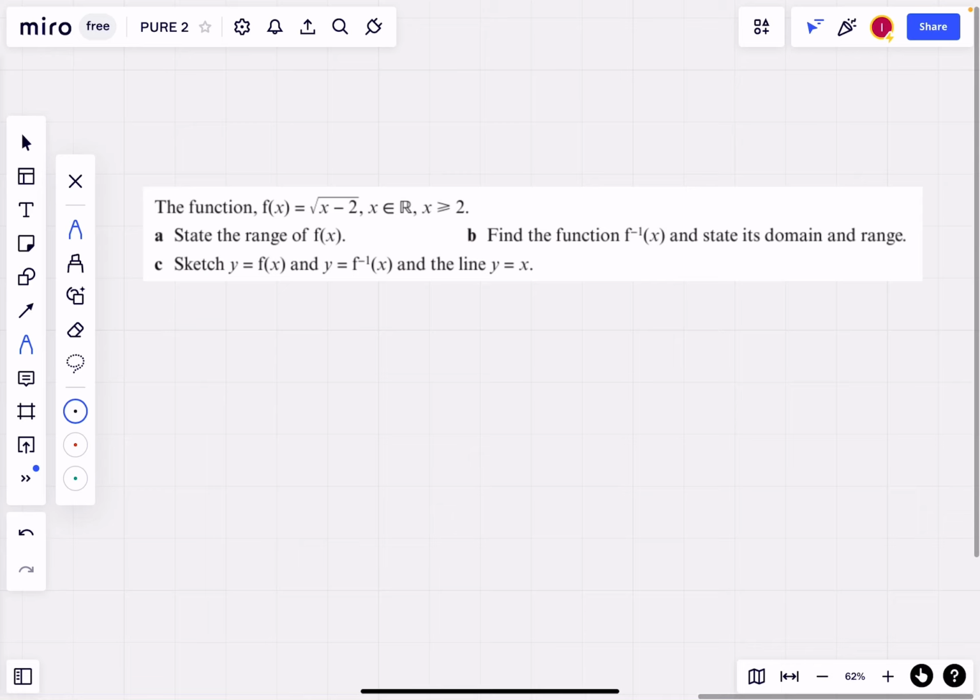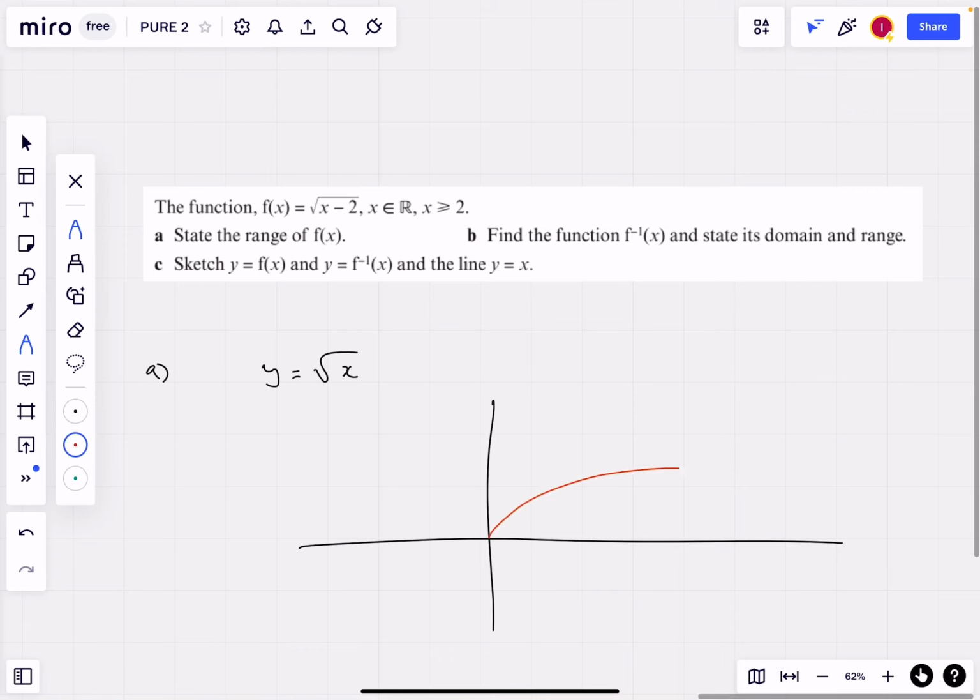Right. So it says, state the range of f(x). Ideally, you kind of want to draw f(x) first. It makes things a bit easier. So let's draw y equals the square root of x first. That's going to be this, okay?